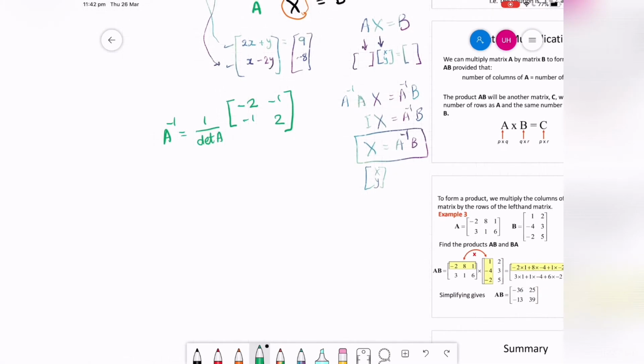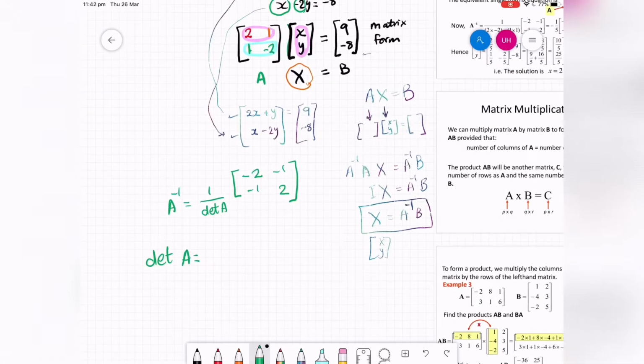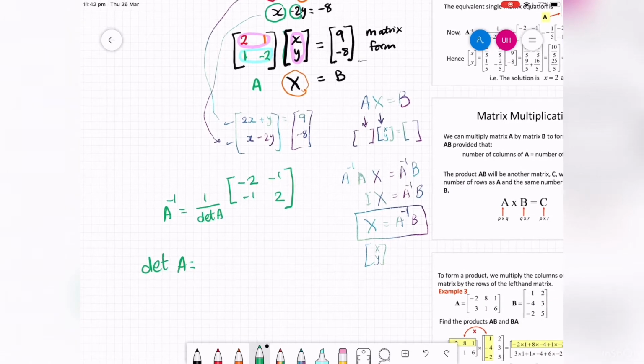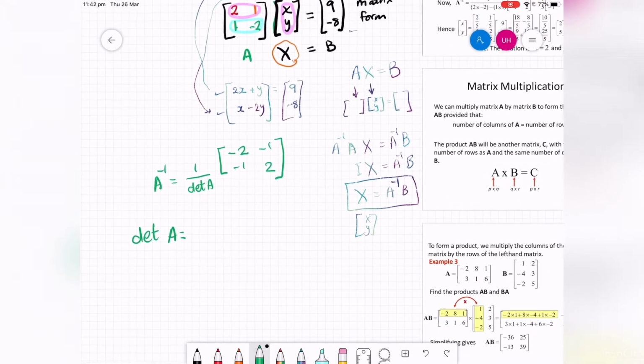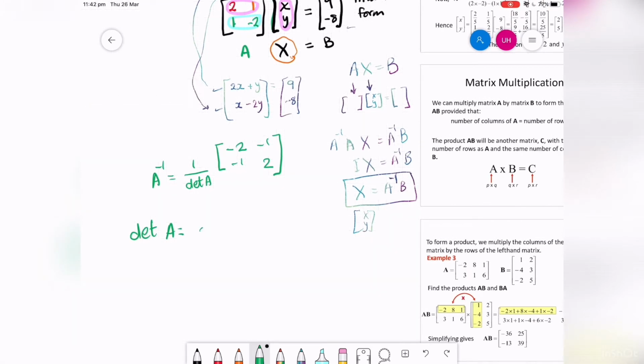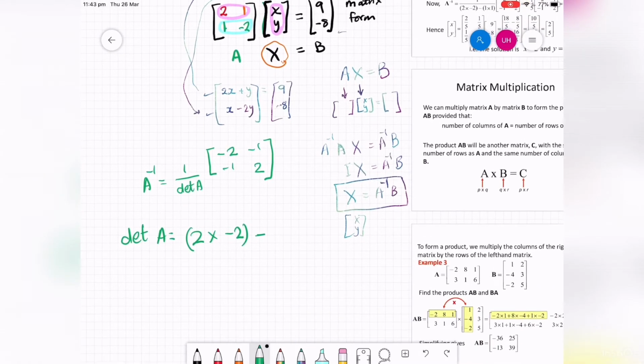Now the determinant of A. From the original matrix, it's 2 times minus 2 minus 1 times 1.